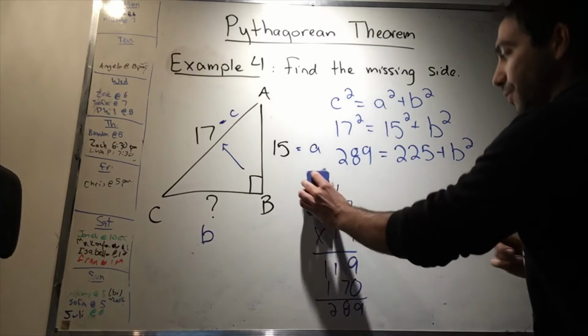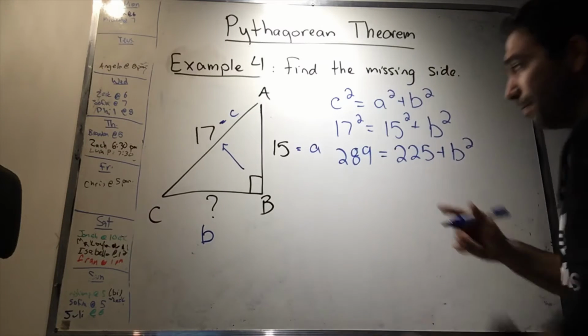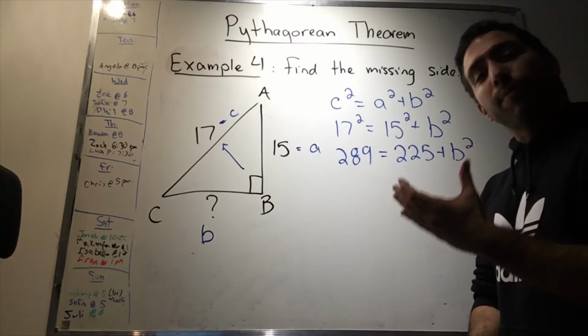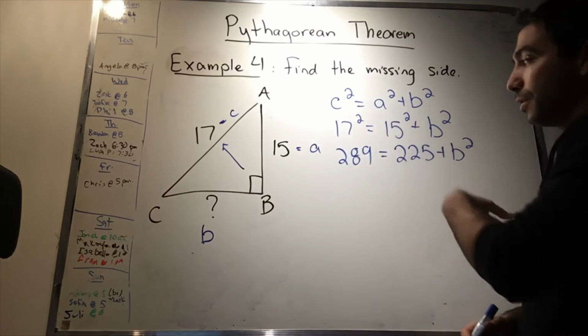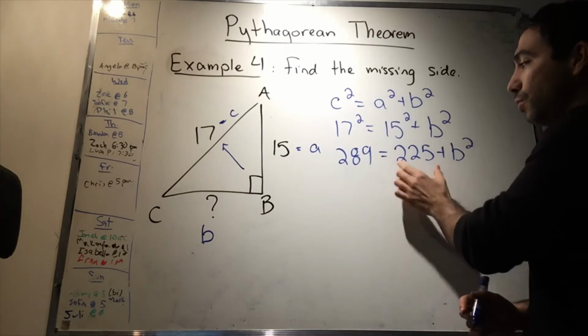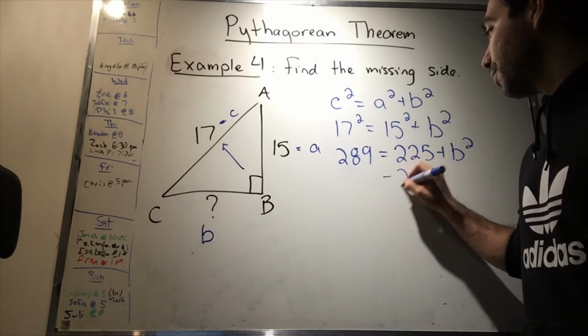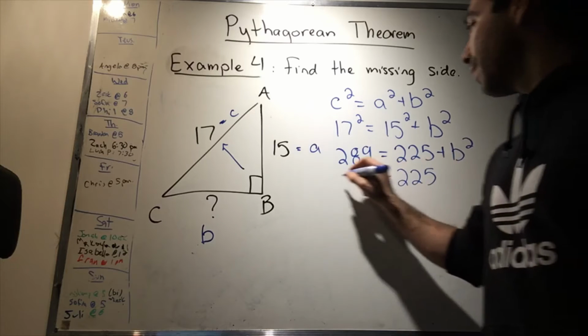Let me erase to give myself some space. Now once again, we're looking for b squared. What do we have to do? You have to put all your numbers on the same side and your variables on the other. That means we're going to bring the 225 over to the left side with the 289. How do we do that? By subtracting it over. So subtracting 225 on both sides.